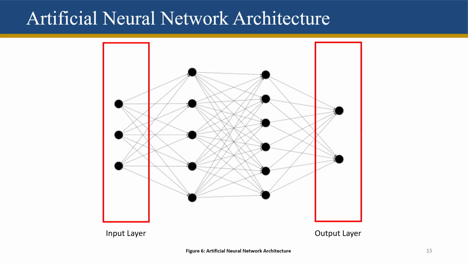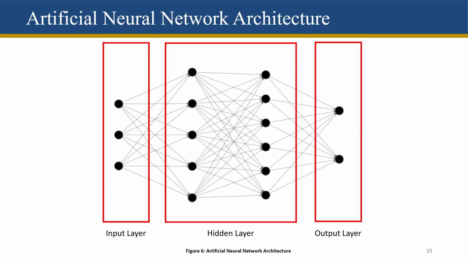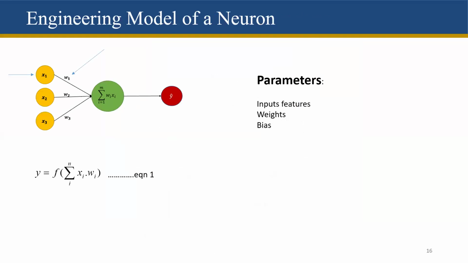Later on, when we start building the model, maybe in the next 10 minutes, you are going to see what is going to inform the number of neurons we put in each layer. And then in between the input and the output layer, we can have the hidden layer. So now let's go deep into a little bit of this engineering model of the neuron, because the natural neuron in our brain doesn't look like this.